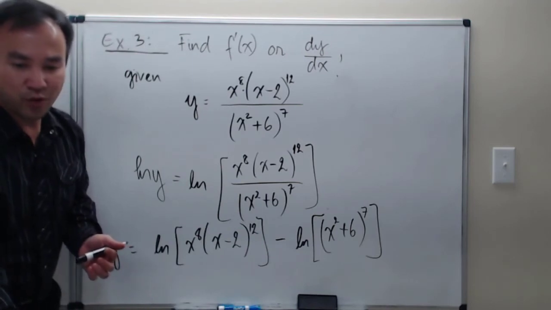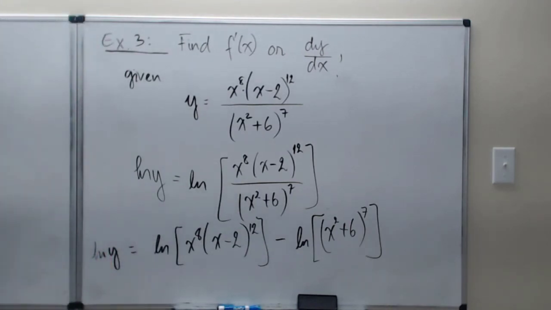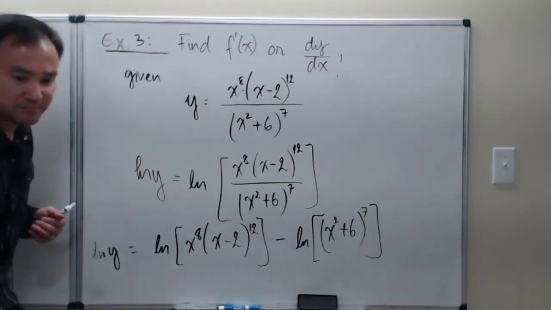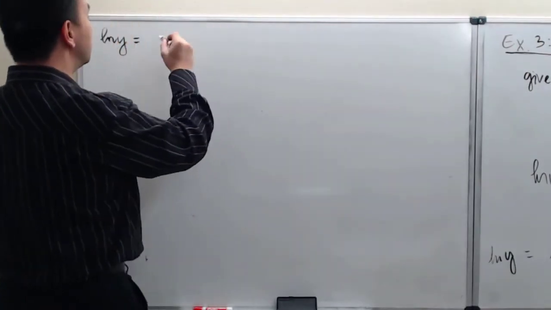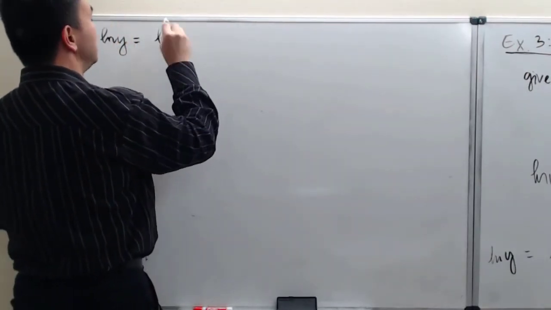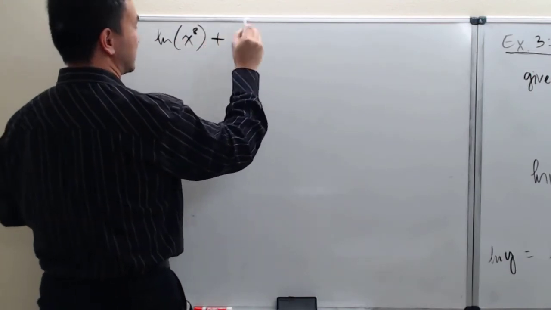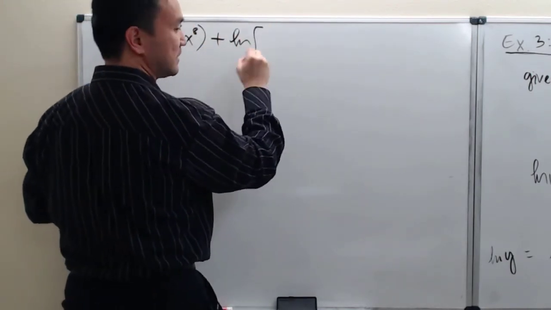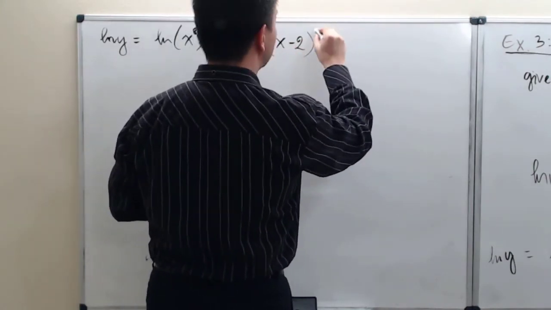And so in that way I am going to break that down to the natural log of x to the 8th plus the natural log of x minus 2 in quantity to the 12th.